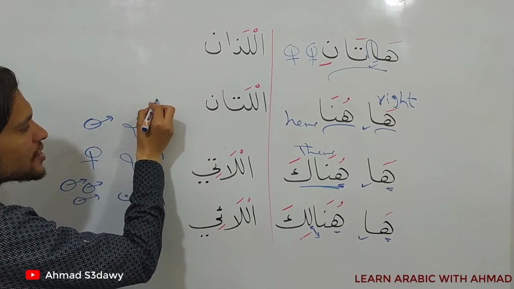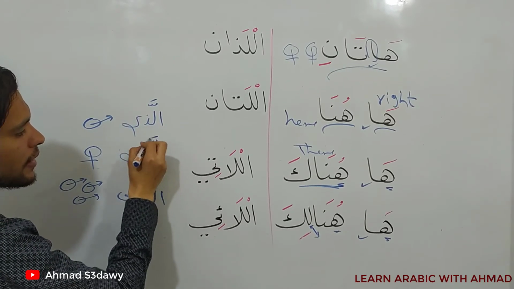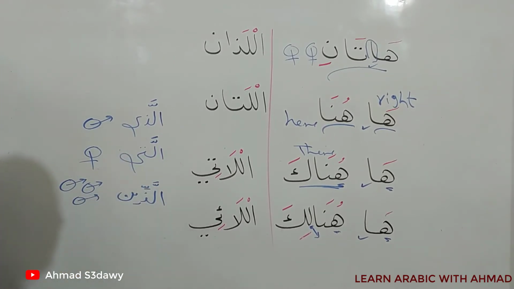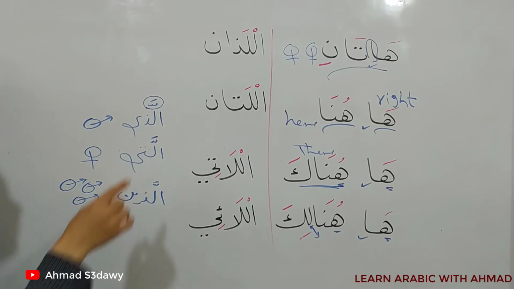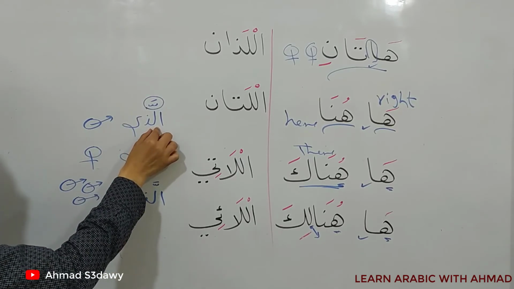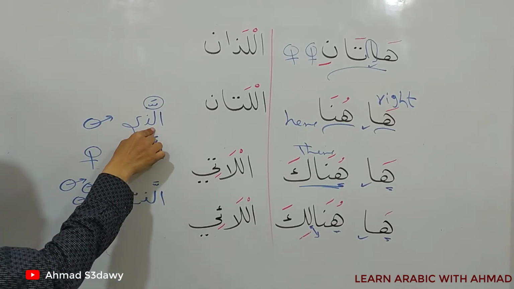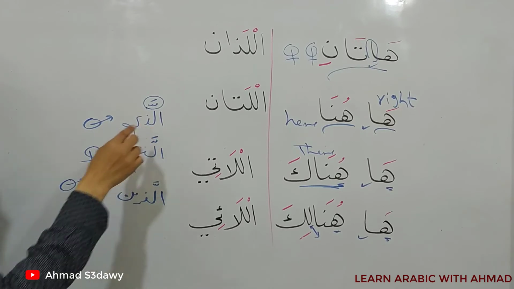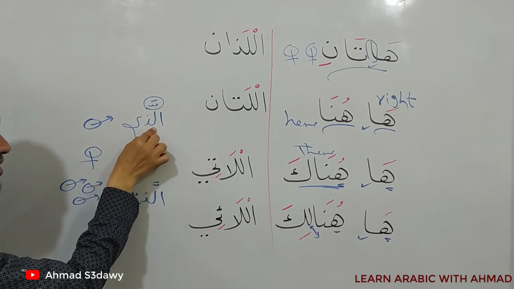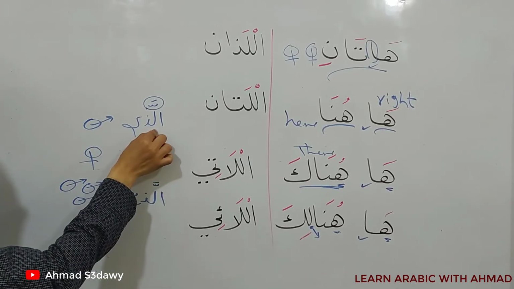You can tell that there is shadda on the lam, shadda on the lam, shadda on the lam. So what is shadda? Shadda is a letter being doubled, being pronounced twice. And instead of writing this lam twice, we put shadda on the lam to tell you that we have to pronounce it twice, but we never write it twice.